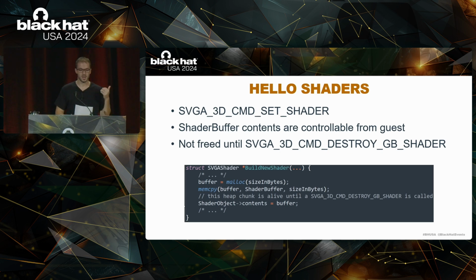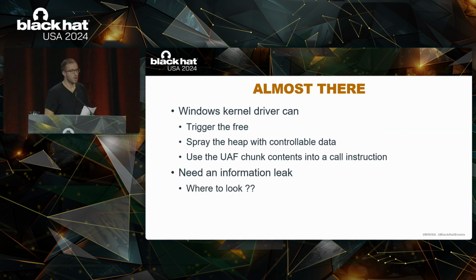On top of that, I'm able to call this function multiple times, so I can allocate many chunks into the heap. Those chunks will stay in the heap until the guest user calls a destroy command. By combining all of this, I'm able to jump to an address of my choice.